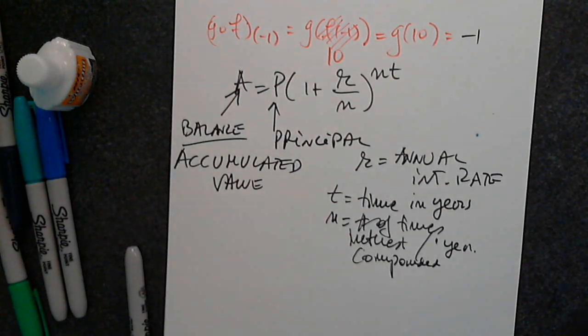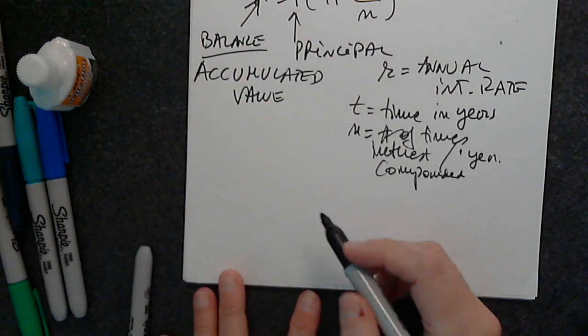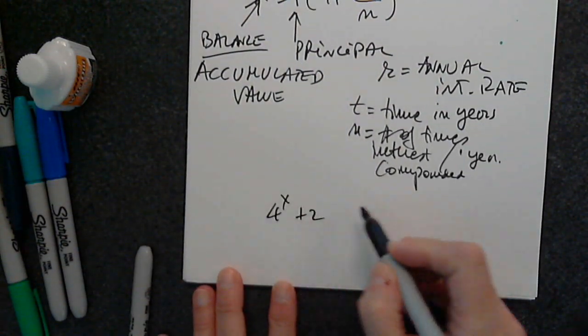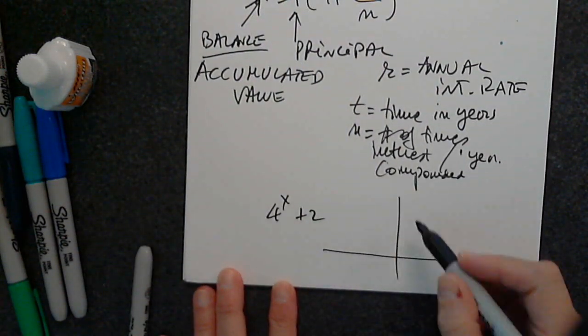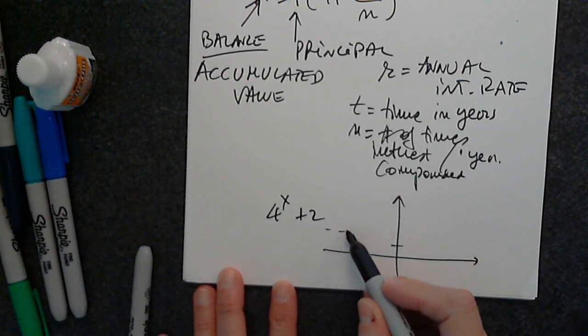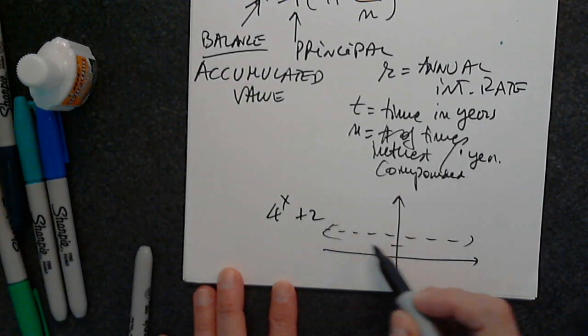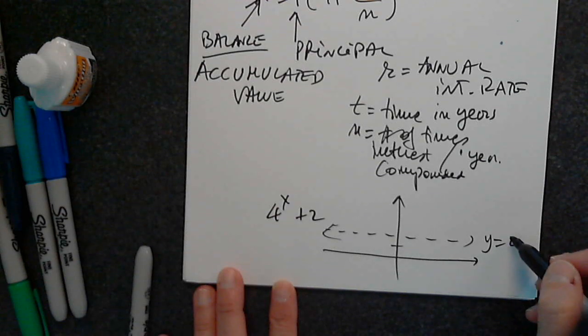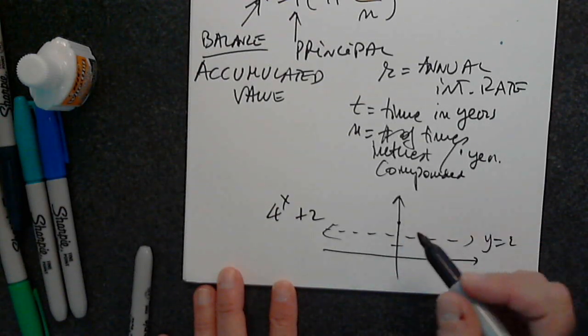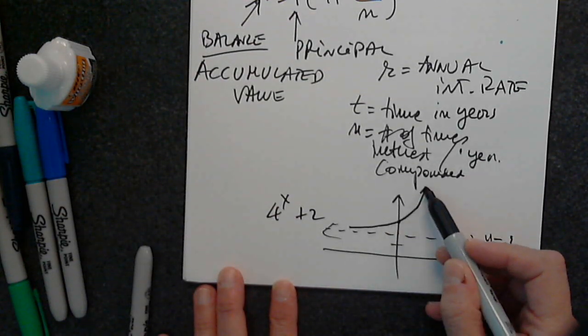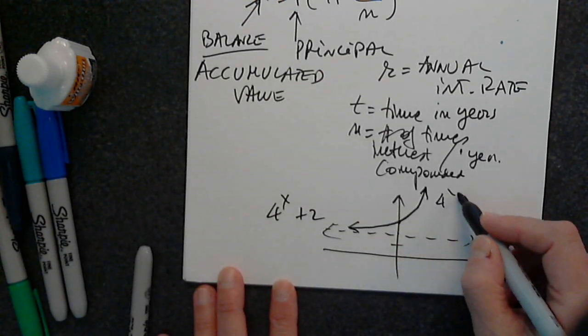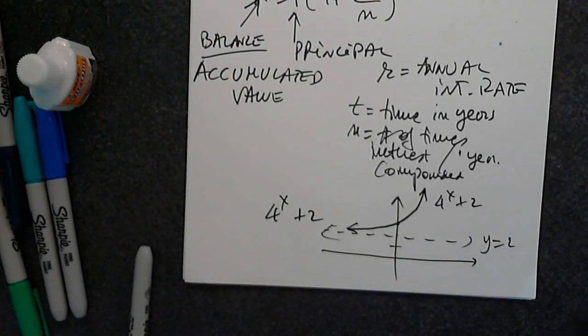But the correct graph is this one, of 4 to the x plus 2. I have to graph y equals 2, and this point moves up 2. So this is the graph of 4 to the x plus 2.